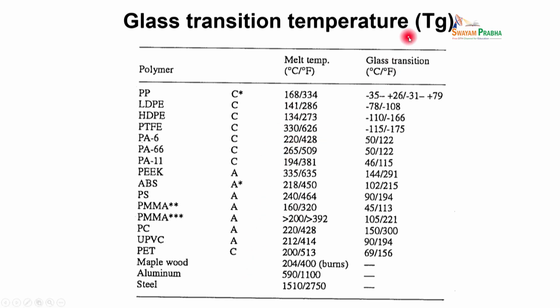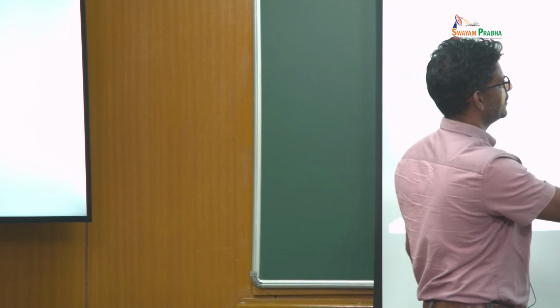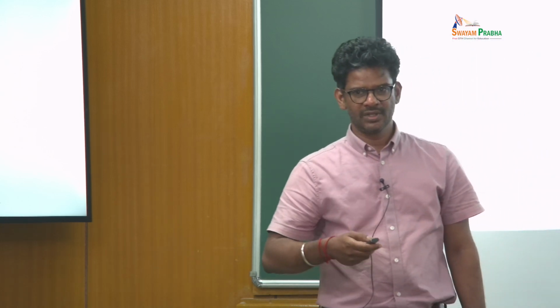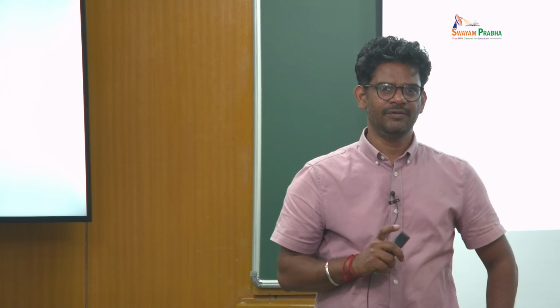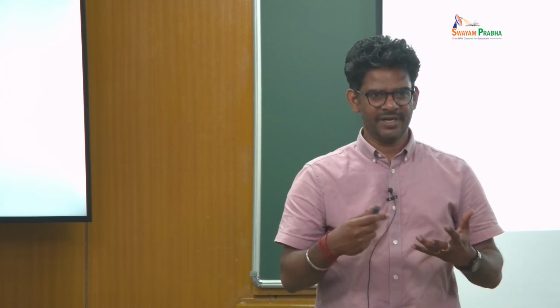And the last column talks about glass transition. For polypropylene and polyethylene, the Tg in centigrade are negative. That means above minus 35, they will become rubbery. If you take them below minus 35, they become brittle. This information is very important in the context of how and where you use them.